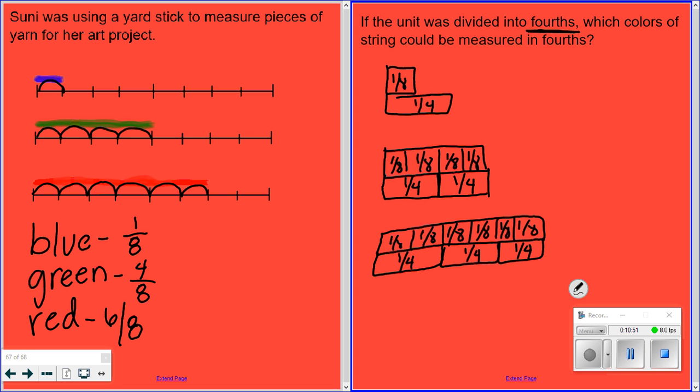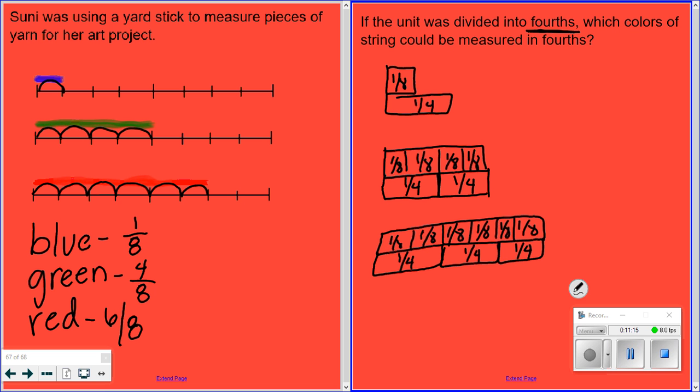So that question number 2, when it said which colors could be counted, I couldn't count the blue one, remember? It was too small. The blue piece was too small to count with 1/4 pieces.